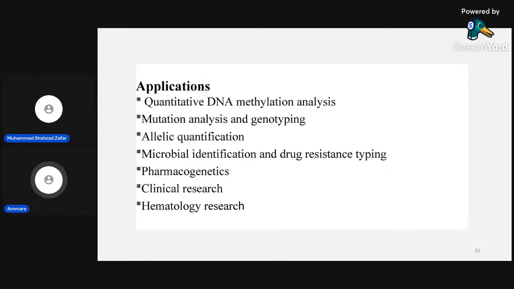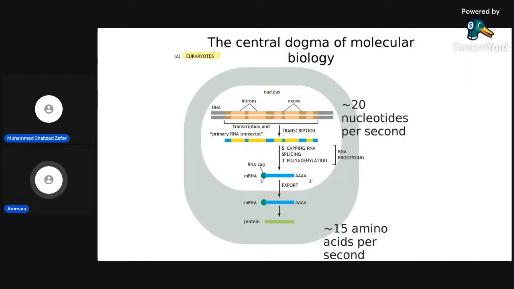And the next topic, according to your content, is central dogma. As per my content, before going through next generation sequencing, you should have knowledge about the structure of DNA and central dogma. But according to your content, you have studied next generation sequencing, and now we are going to study central dogma.